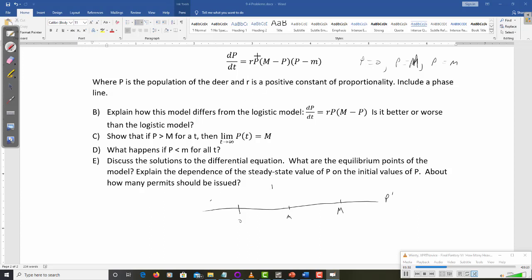If p is negative, negative, positive number, negative number, so negative times positive. So this would be increasing, p prime greater than 0.